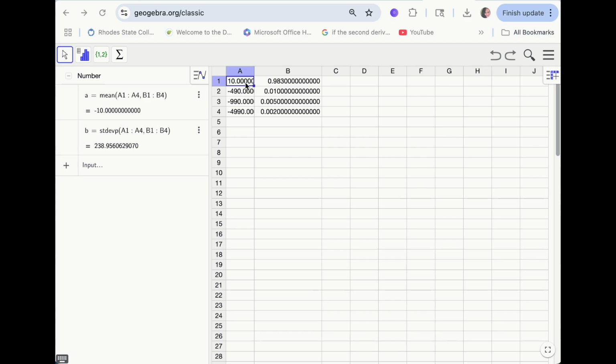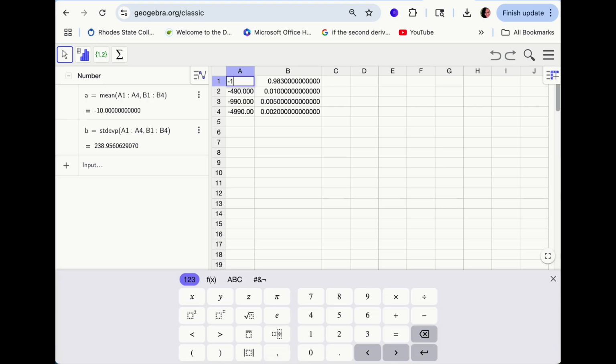For column A, I'm going to put in negative 1,700. For the next one, I'm going to put in negative 200. For the next one, I'm going to put in a positive 300. And then I need to delete this one down here.